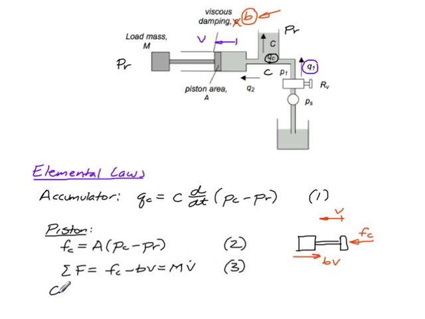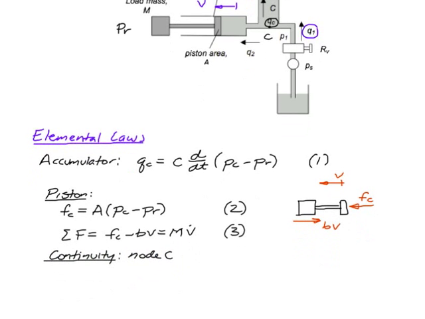My continuity: if I look at node C, which I drew in my figure, the continuity is that the Q1, the flow in, that's the thing we're going to use for our input, is equal to the flow out, which is Q2 into the cylinder, and then the flow rate QC in terms of the accumulator.